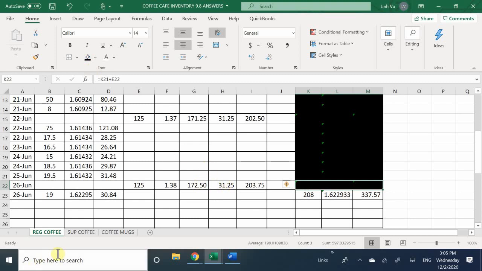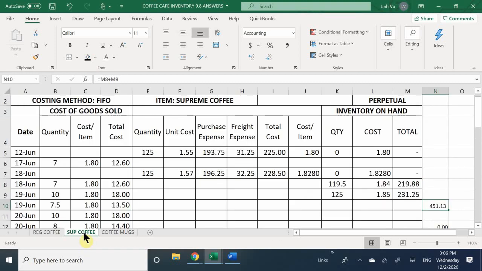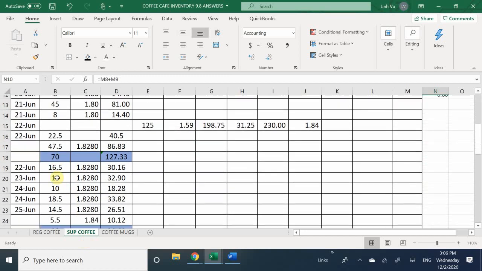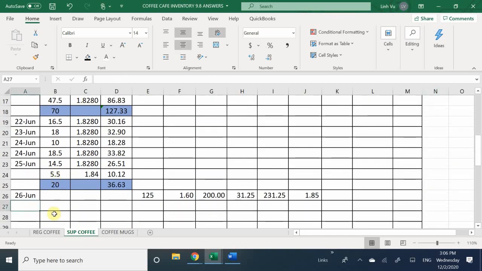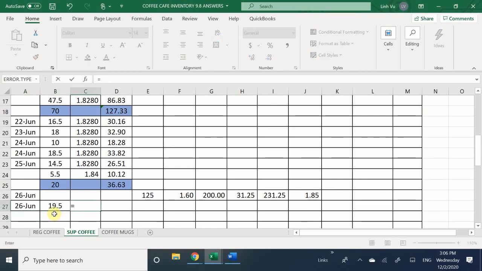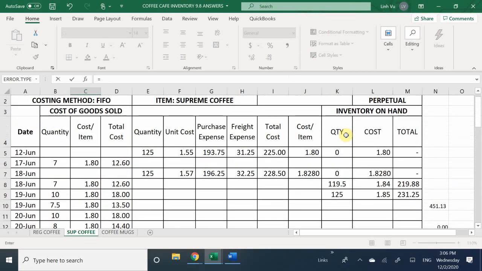Okay, and then we're going to go to our supreme. We are going to put the date, 6/26. This one was 19.5 pounds. And it's the first in, first out method for this.